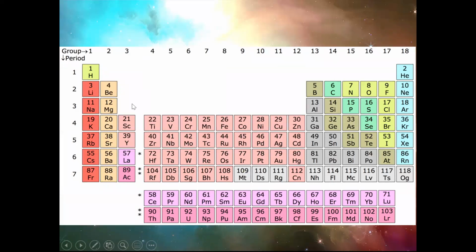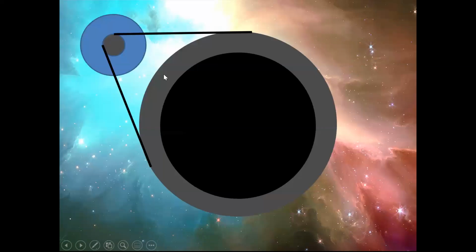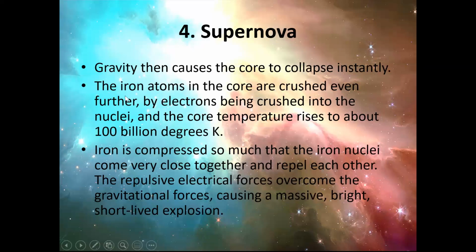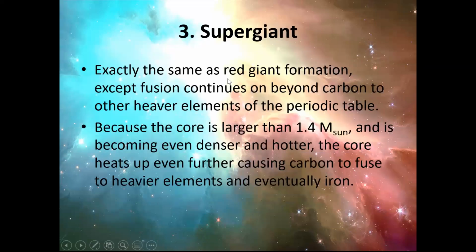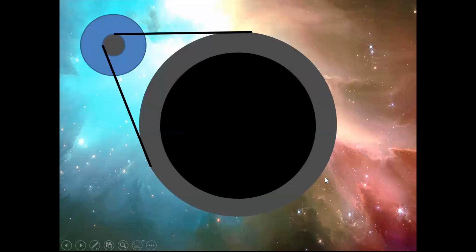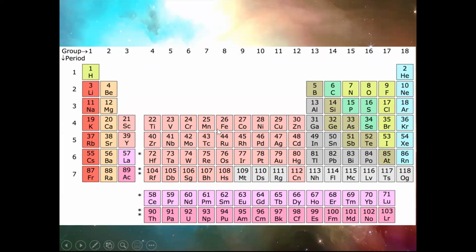Okay, so here is what I was talking about before. Supergiants fusing iron. We're just looking at chemistry here, talking about the periodic table. Can we find iron? Where is iron? Fe. I should know where it is by heart, but I've lost where.